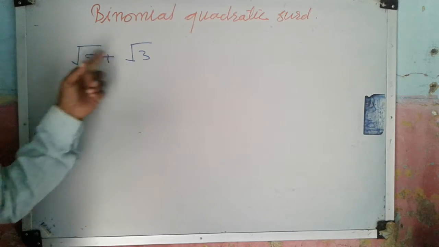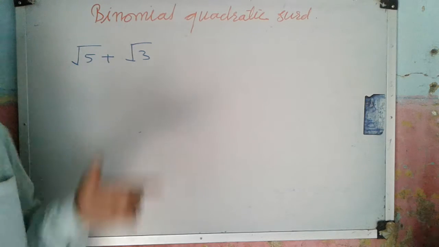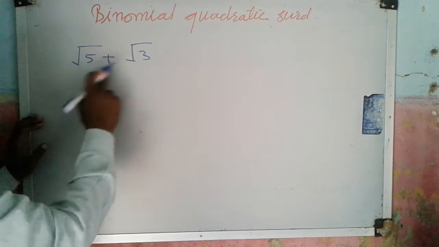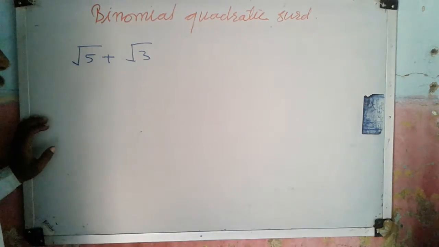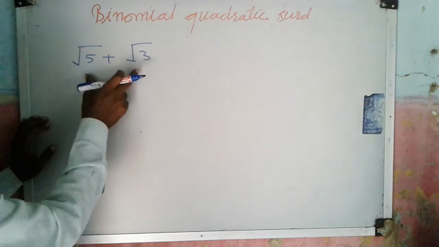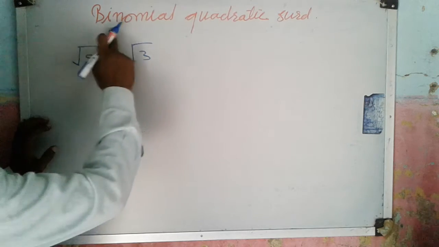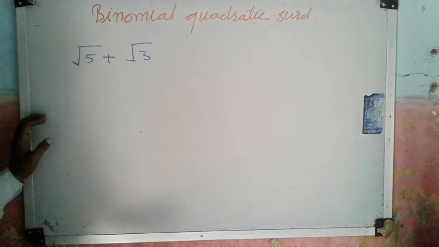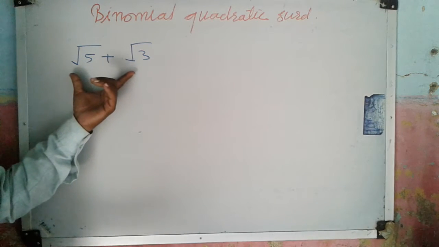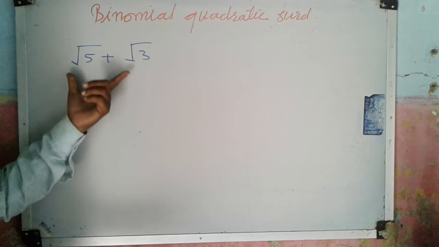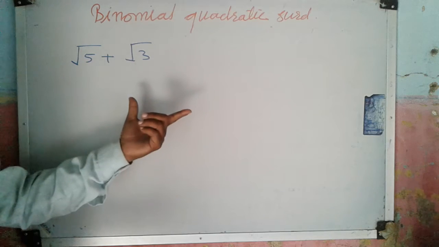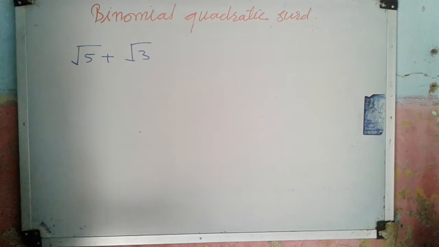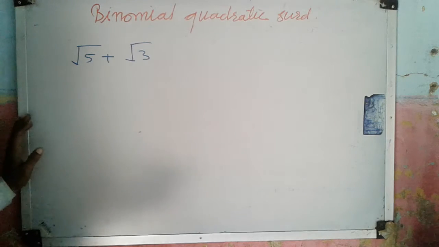Both the surds have order 2 and they are added here. So such type of surd is called binomial quadratic surd, because two quadratic surds if added or subtracted, then that term is called binomial quadratic surd.